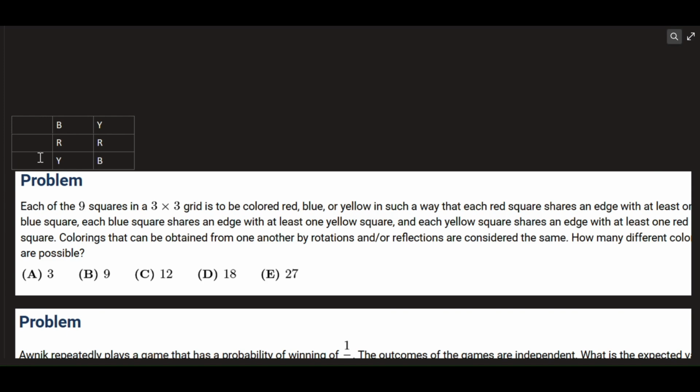However, we can try using yellow here. If this is yellow, this must touch a red. And if this is red, this must touch blue, and this works. And if we use blue here, it must touch yellow, but it's already touching yellow. So if this is a red, then this can be a yellow, or this could be another red.